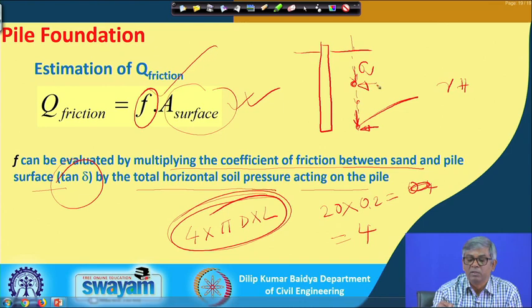So, the horizontal pressure will be less here, and if you multiply by another constant, then ultimately your unit skin friction will be lesser than at this depth. At the surface your vertical pressure is 0, the lateral pressure also will be 0, multiplied by the coefficient of friction, it will become 0. So, unit skin friction will be 0 here and it will be maximum here.